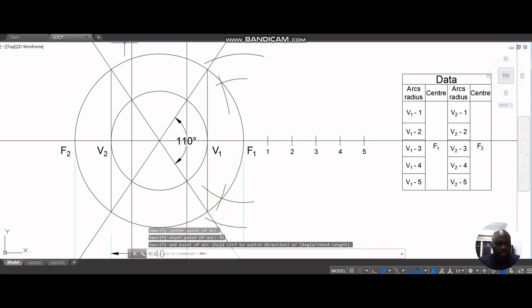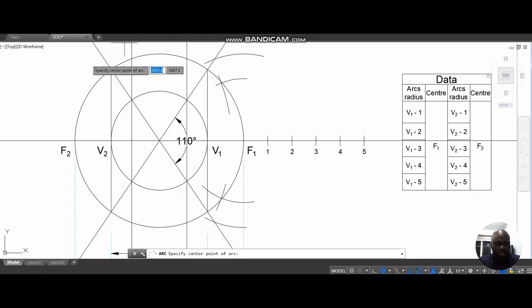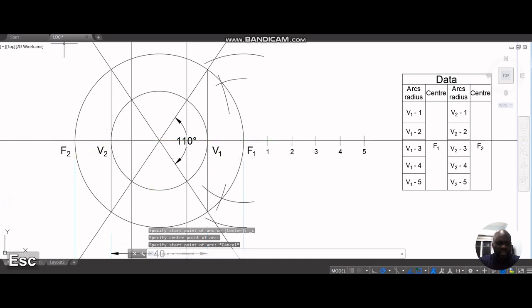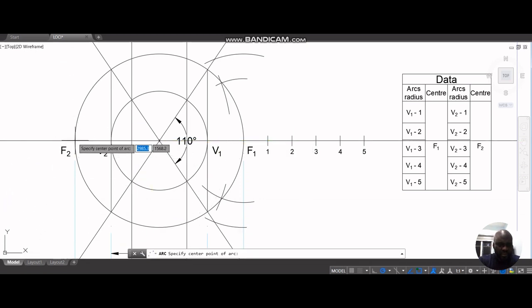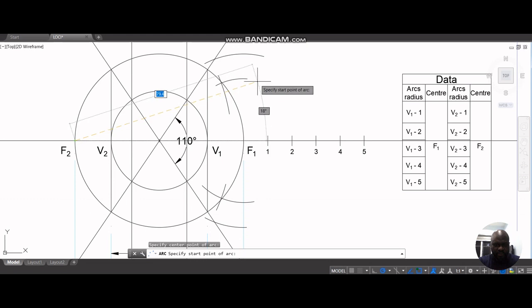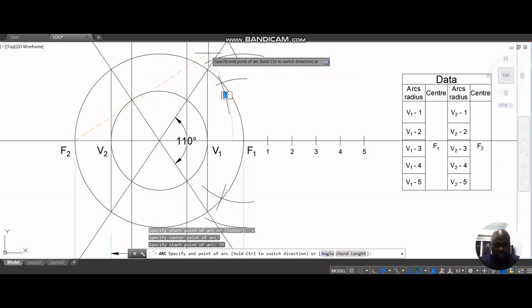Now the next step is to take V2 to 2, 75, center F2 of the previous arc. Right there.